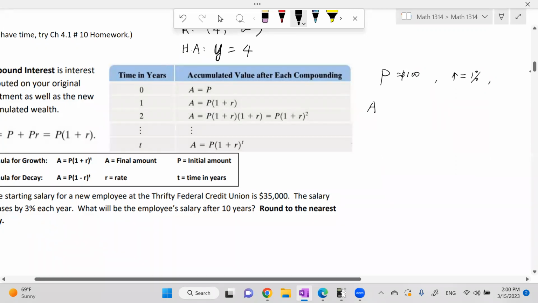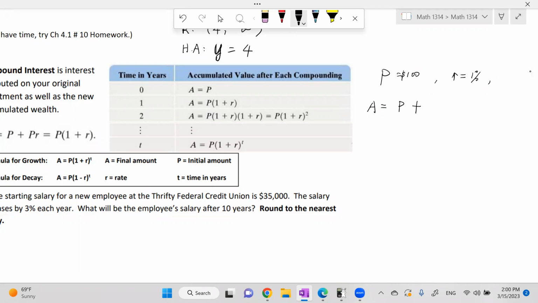I will use A to represent the final amount or future value. So first I need to get $100 back. And also based on my $100, the bank will pay the interest. The interest is P times R. So this is the future value.